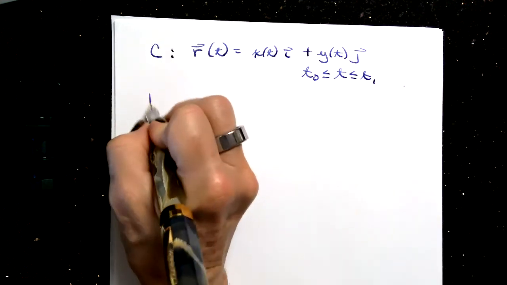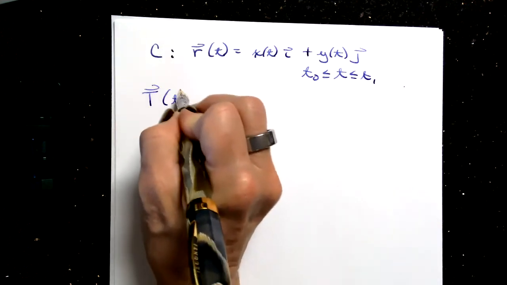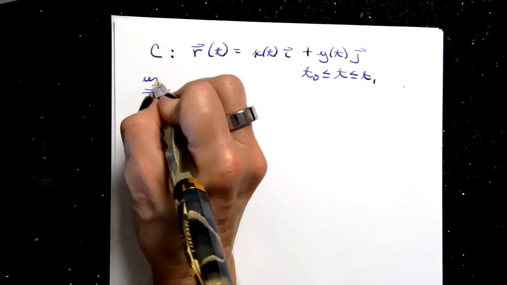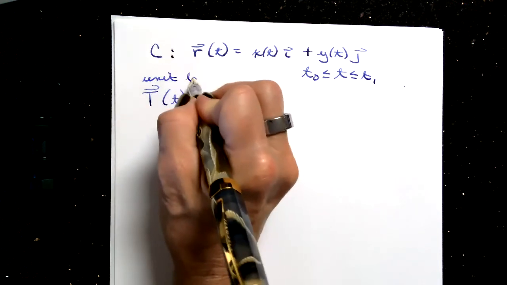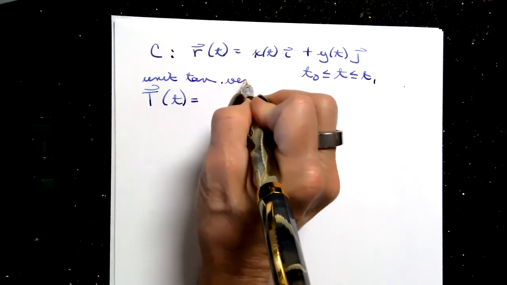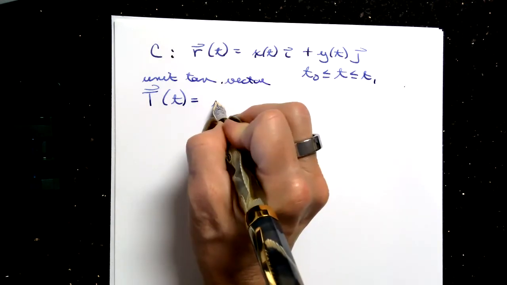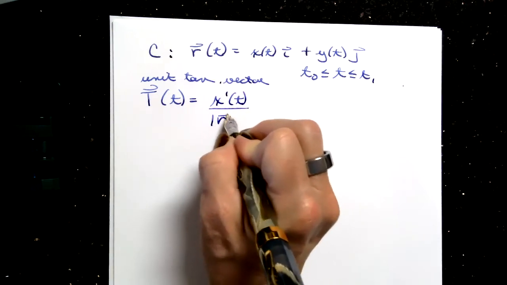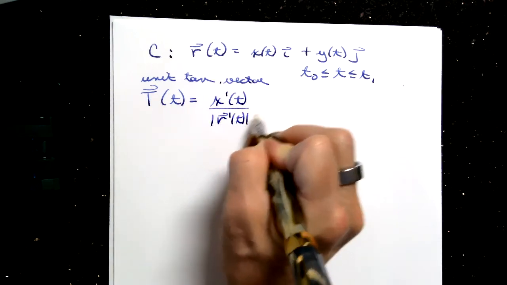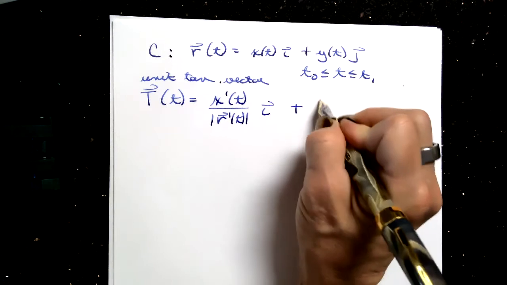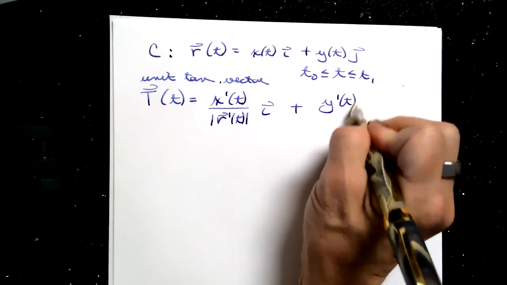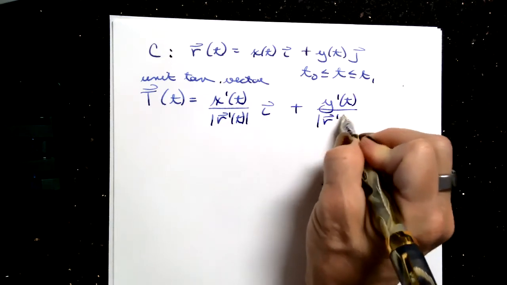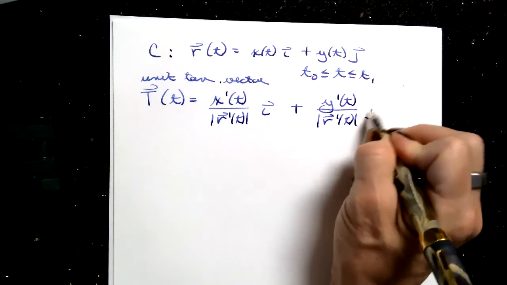And we remember from earlier in the semester that the unit tangent vector to C is x'(t) divided by the length of r'(t) times i plus y'(t) divided by the length of r'(t) j.